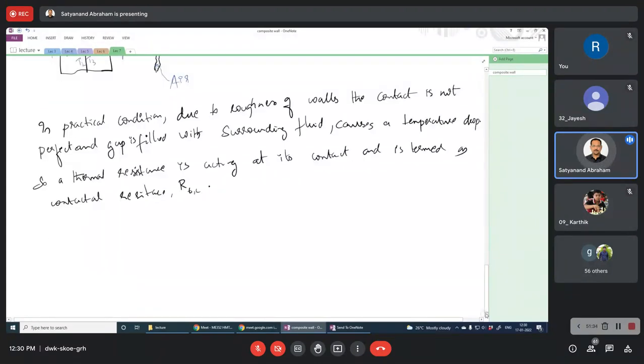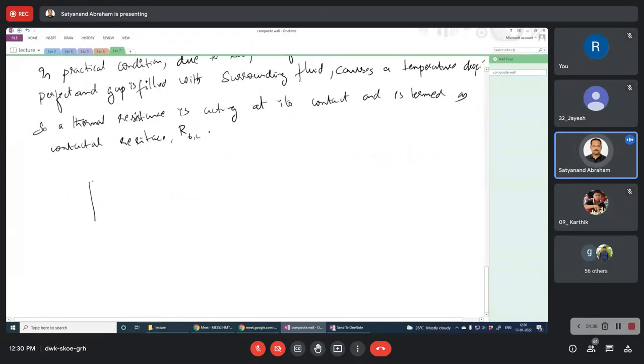If we have a slab like this, at the junction we are going to have this kind of contact. Material A, material B, with temperature T1, here T2, T3 and T4. How can we write this? Due to conduction we have T1 till T2, and due to contact again we have a resistance.